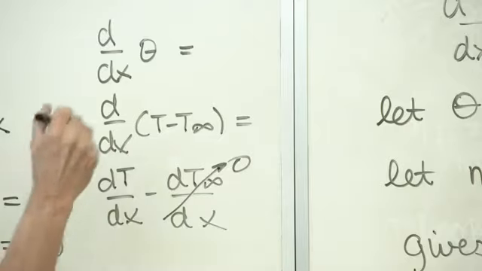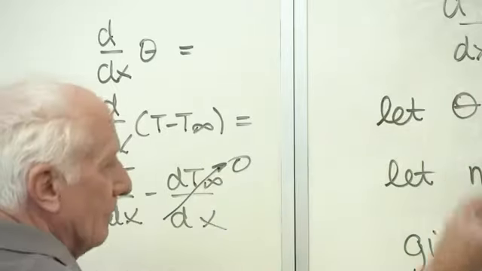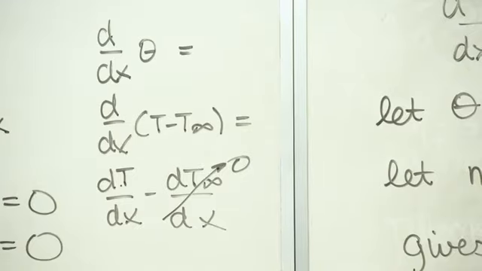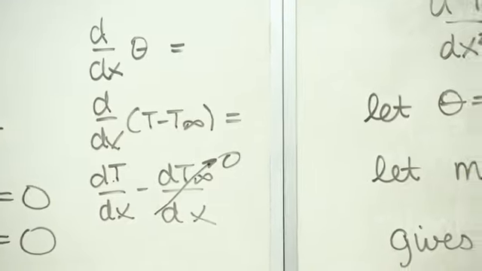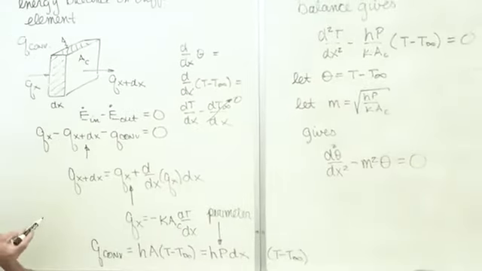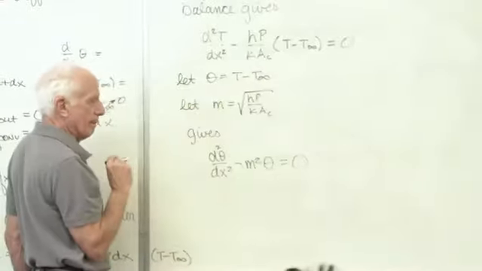So, conclusion, d theta/dx equals dT/dx. And the second derivative of T with respect to x is equal to the second derivative of theta with respect to x. That's the game you play. But when you're done, the equation looks a little neater and cleaner. The whole point is to make the governing differential equation look neater and cleaner. And here it is compared to the original one.